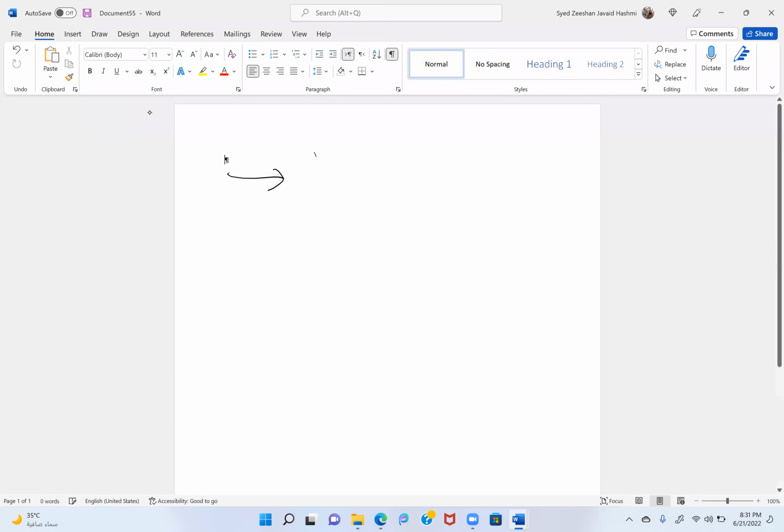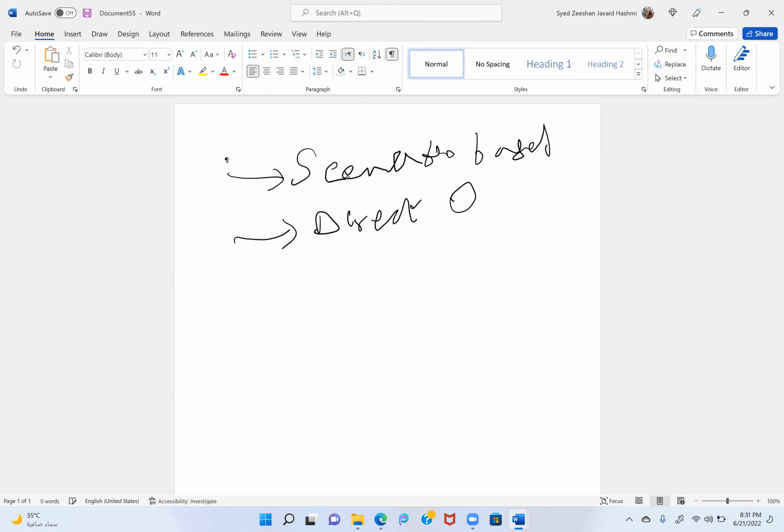One is scenario based, and the other is a direct question about any topic, where they are asking something specific, or some theoretical thing, like a definition or a specific pinpoint guideline.